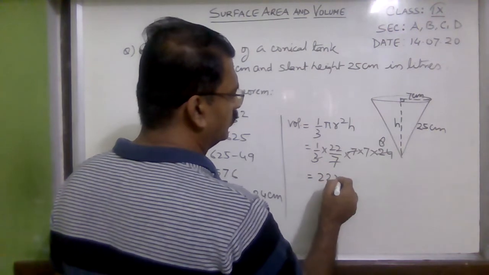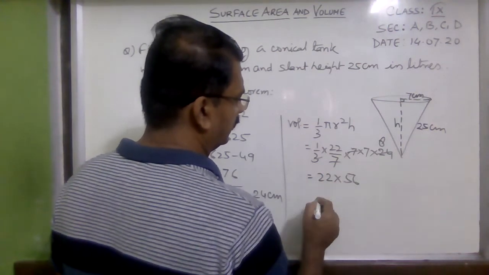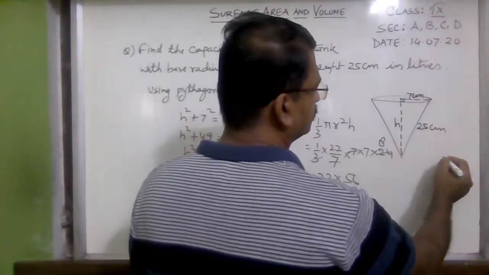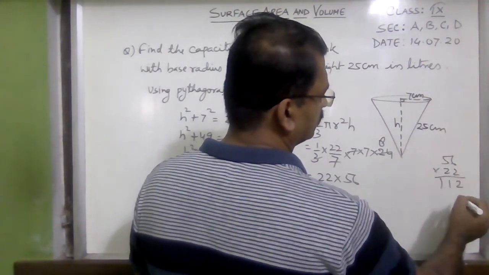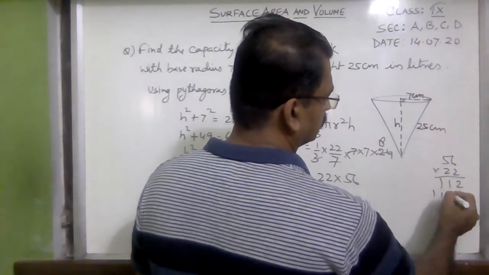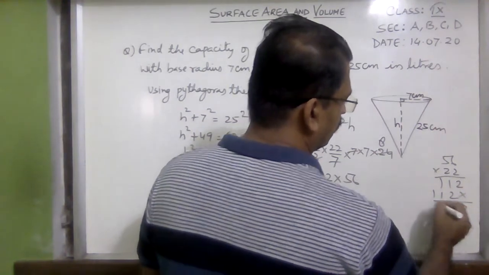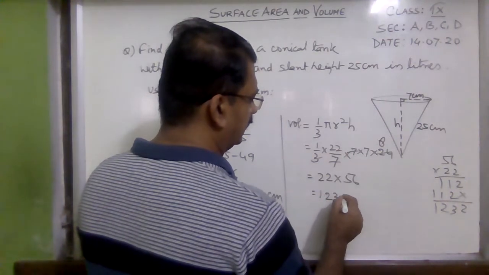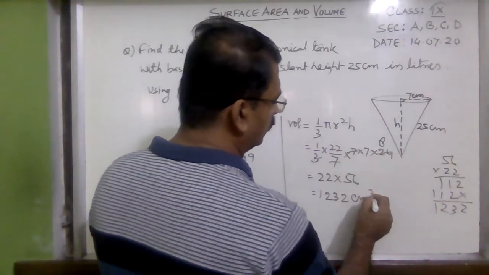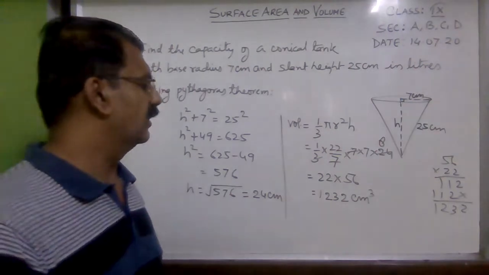So 22 into 56. When you multiply, 1232 centimeter cube is the volume of the tank.